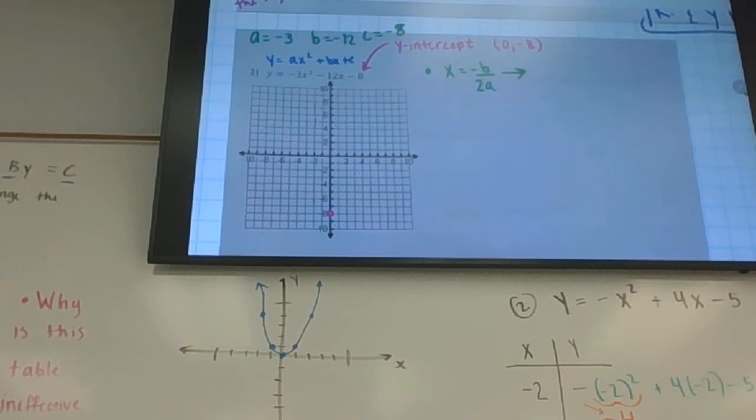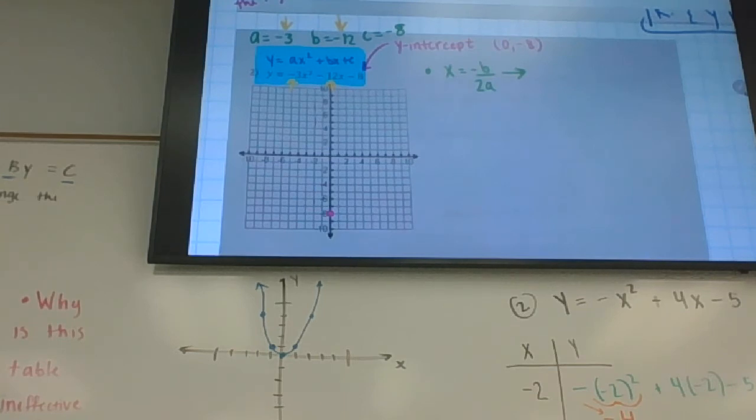You know what A, B, and C are? You look right here. It shows A is the number in front of x squared. So A is -3. B is the number in the middle, -12.